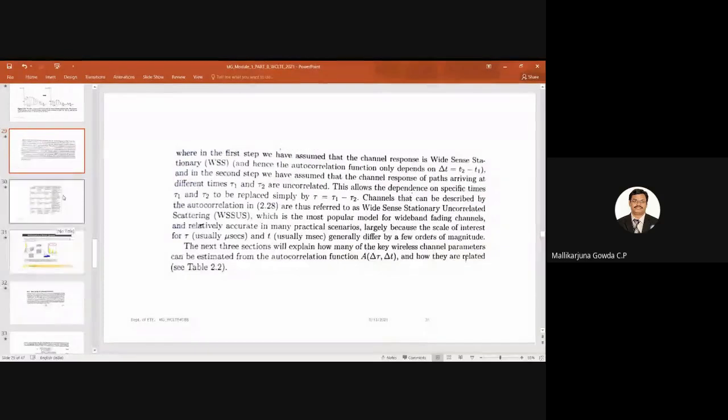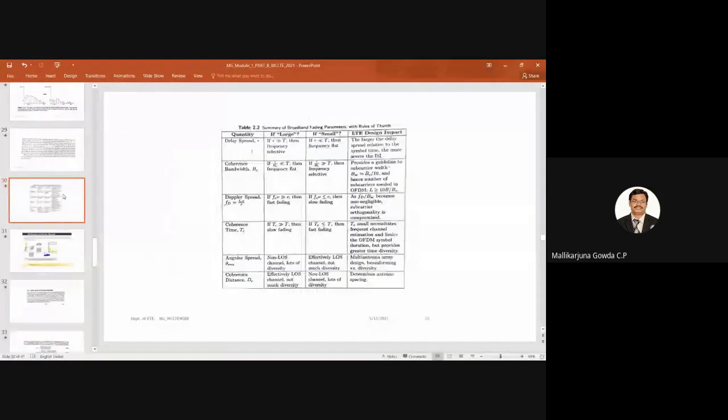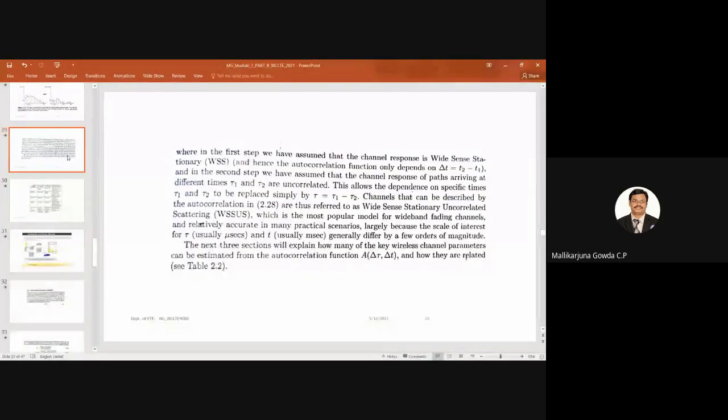We need to understand some important parameters based on that autocorrelation function model, the wide sense stationary uncorrelated scattering model. That autocorrelation function will explain the key wireless channel parameters. Let us see what those key wireless channel parameters are.